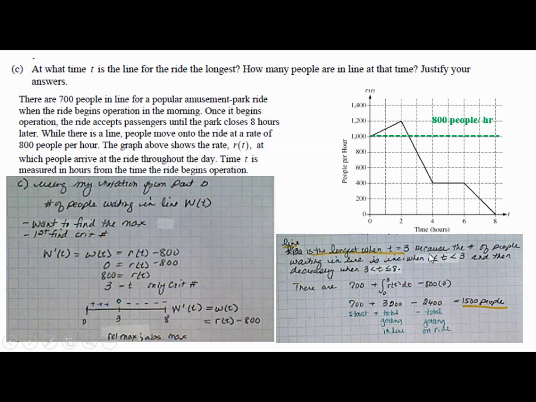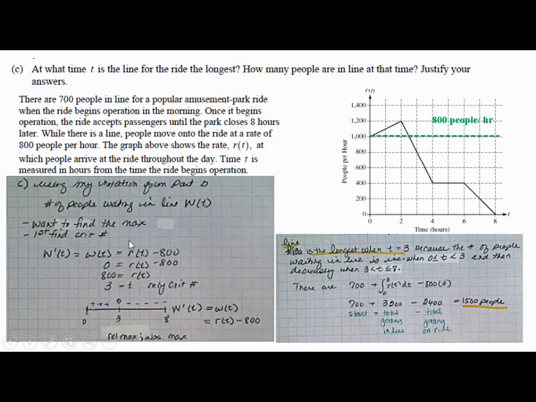So now, going back to how many people are in line. Remember we talked about start plus total change. So this would be the start. Remember, there's 700 people at the beginning. That's what they said in the problem, 700 plus total change.